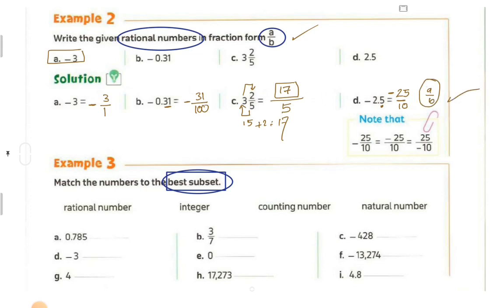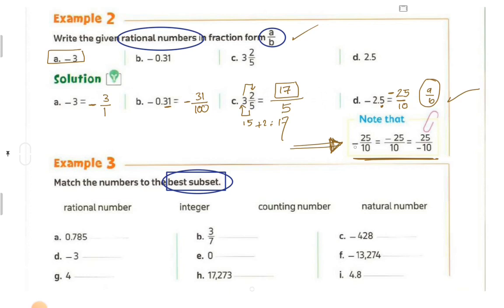Okay. Note that it's an important note. Negative 25 over 10 equals negative 25 over 10 equals 25 over negative 10. What does this note mean?